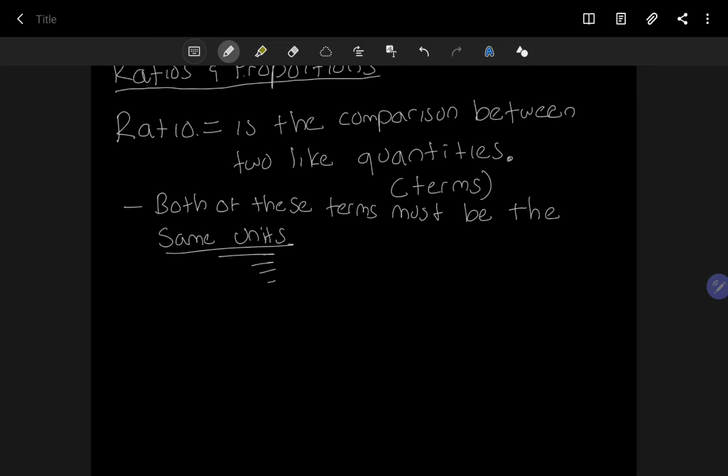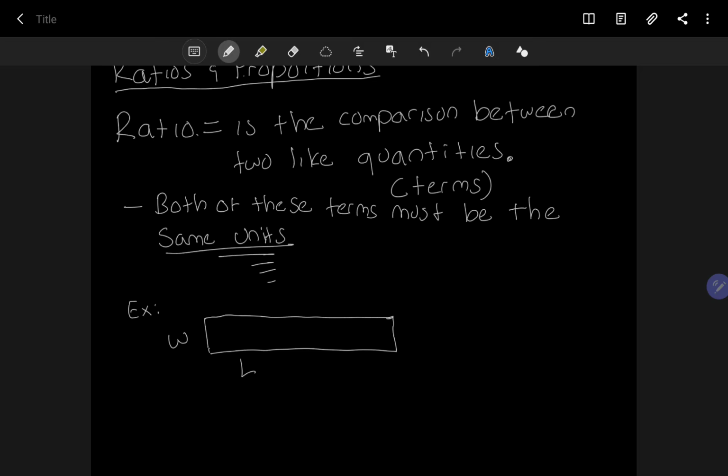For example, if I want to compare the height versus the width, this is my width, this is also my length.